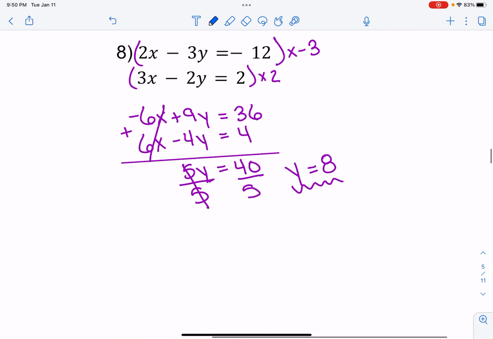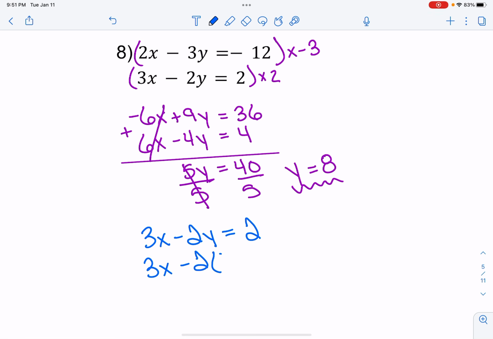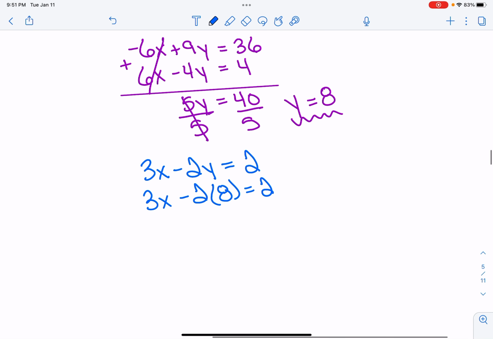So now we take one of our equations, plug 8 back in. I'm going to pick this second equation just because that end constant is positive, but again, doesn't matter which one you pick. Remember, again, just a friendly reminder, plug into the right variable, otherwise you're going to mess up all your answers. We bring down that 3x, negative 2 times 8 is negative 16.